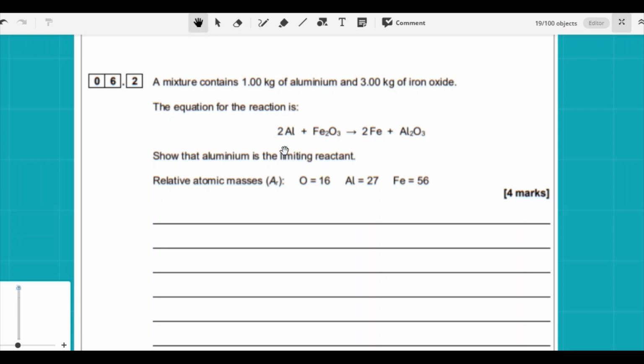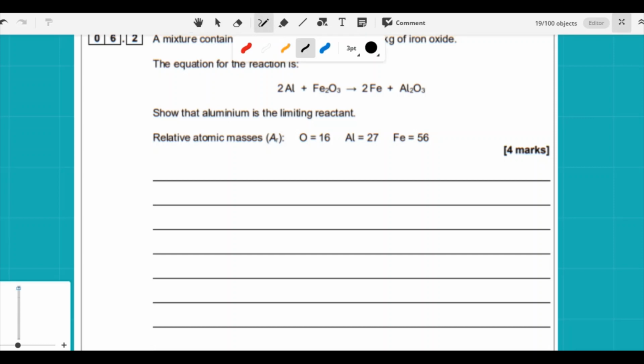The equation for the reaction is 2 moles of aluminum react with 1 mole of iron oxide, which shows that the aluminum is the limiting reactant. For the limiting reactant, you have to remember that first you need to find the moles of each reactant, and then you can compare the molar ratios.